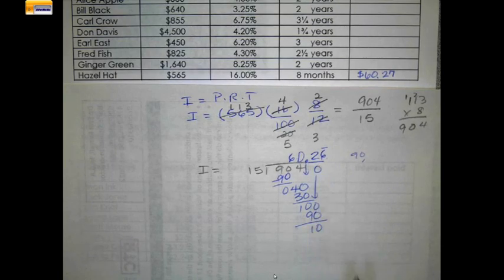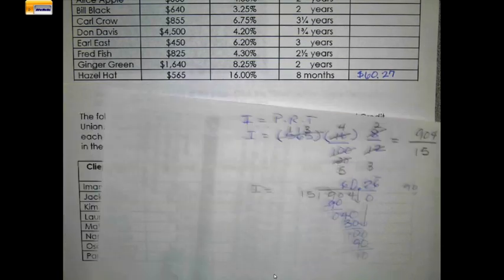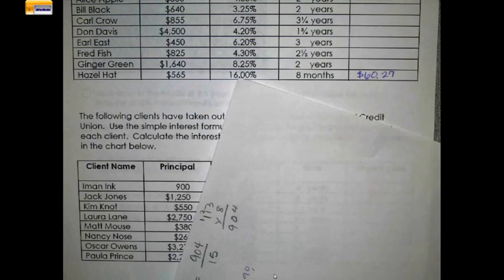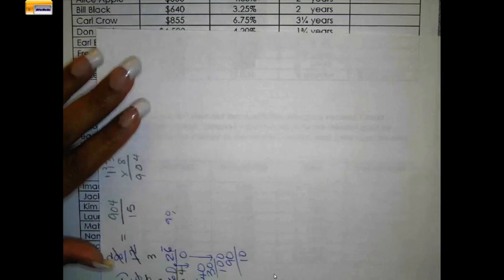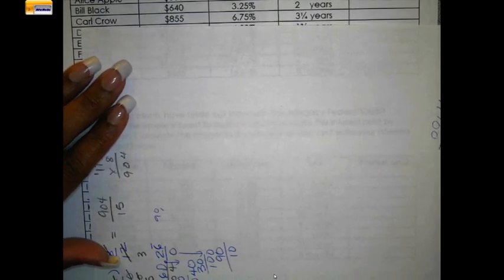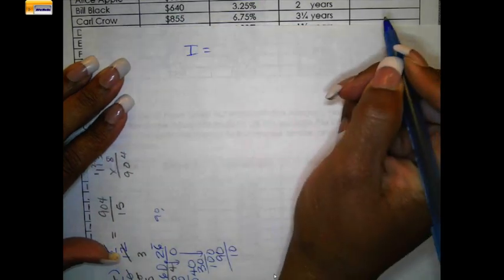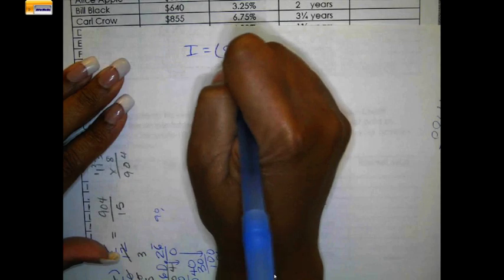Okay. Now there was also in this chart, there's a couple that have a year and a fraction, and it looks like the very first one is this one that says Carl Crow. So let's look at his interest. The principal is $855.